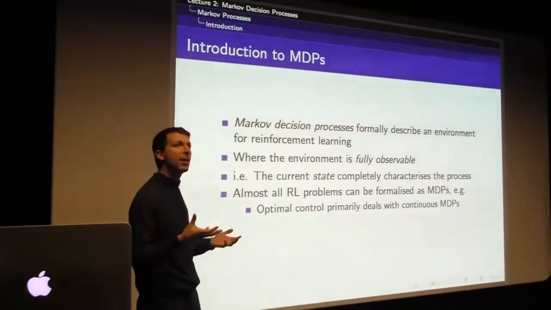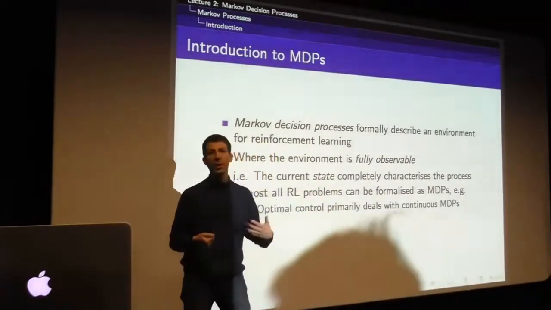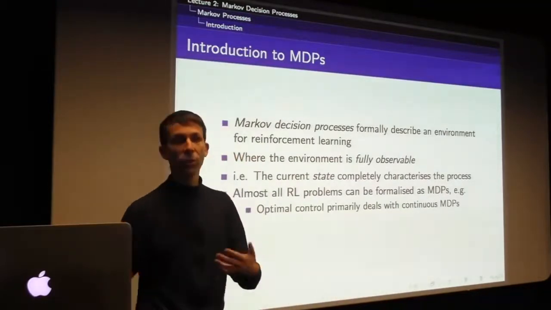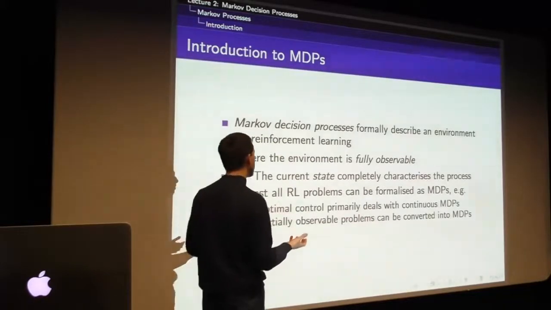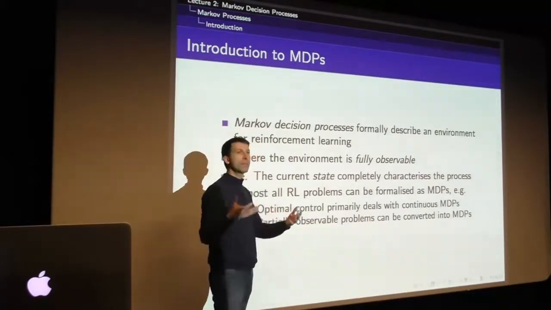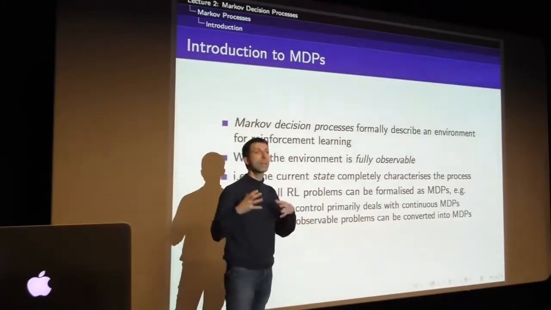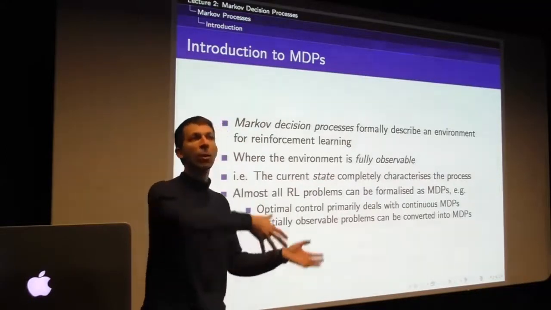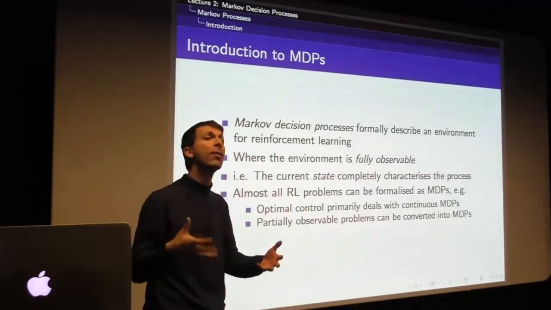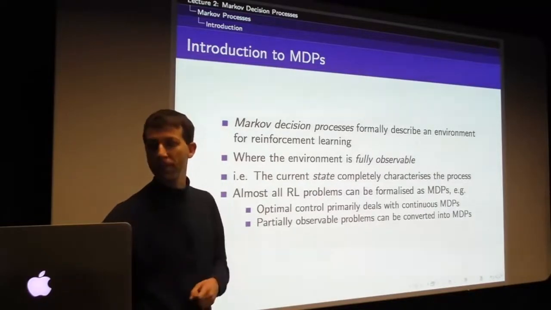How do we deal with that? Well, there's an extension to MDPs that's a continuous Markov decision process with continuous actions, and optimal control deals with that case. Again, partially observable problems: not only can we use MDPs to give us some intuition into them, but any partially observed problem can be completely converted into an MDP. So these things don't fall outside the framework of MDPs. They really are MDPs. And if you understand the basics, you can solve all of these problems in principle.